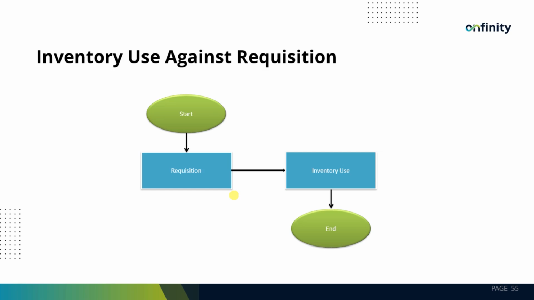The process begins with creating a requisition specifying items, quantities, and priority. After requisition approval, the warehouse verifies availability. If the items are available, an inventory use record is created against the approved requisition. Once the inventory use record is completed, the system automatically updates the inventory to reflect the consumption.